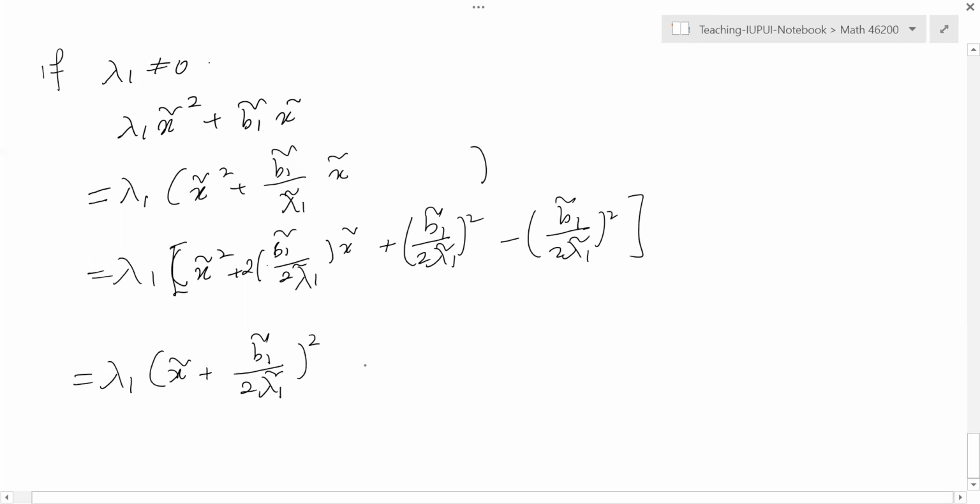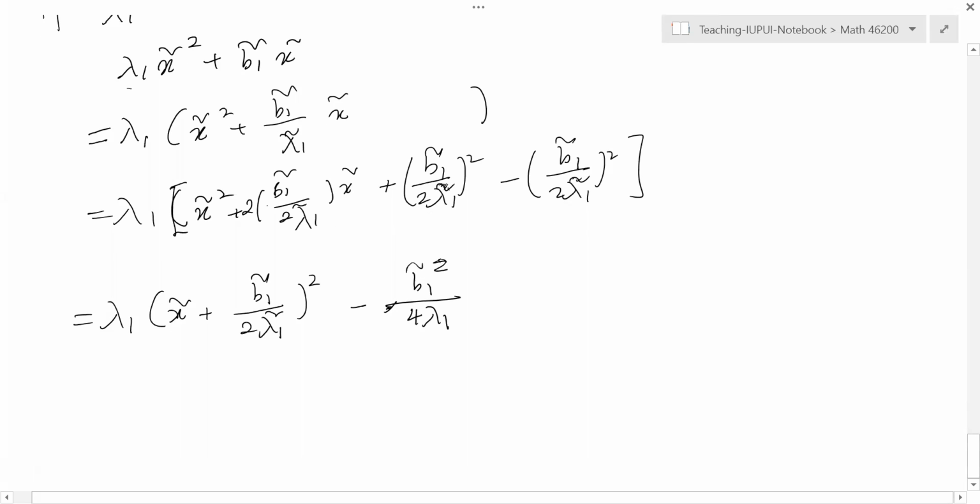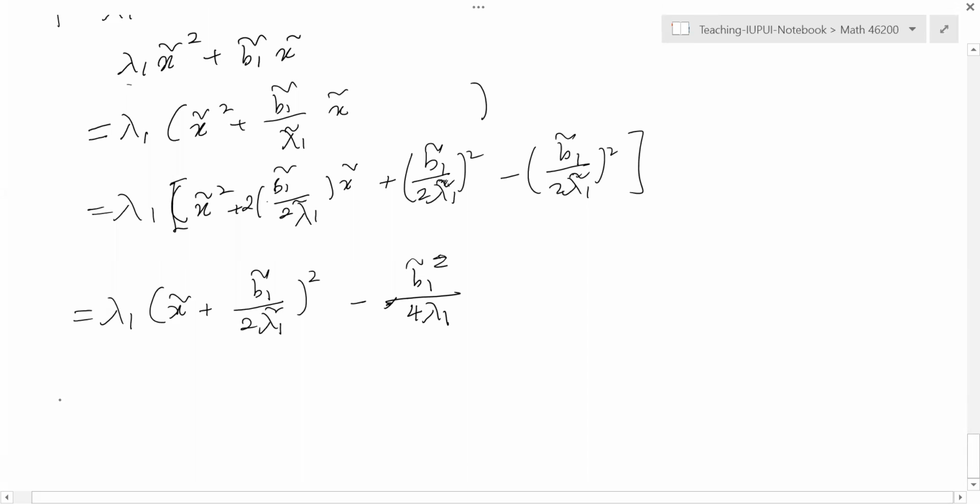And you multiply by minus λ1 (this is not λ2, just λ1). So you have minus λ times b1² over 4λ1. Those two terms can combine into one. Then you can introduce another variable: let x bar be x plus b1 over 2λ1. It's not λ2, there's no 2 here.